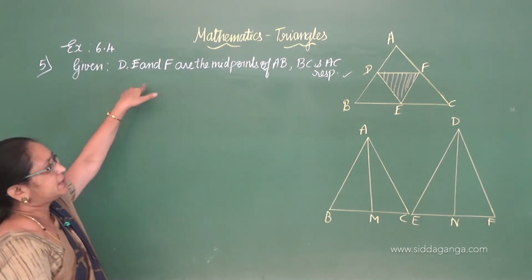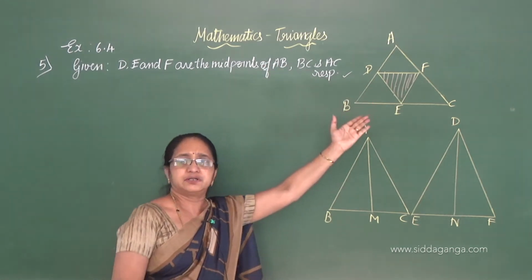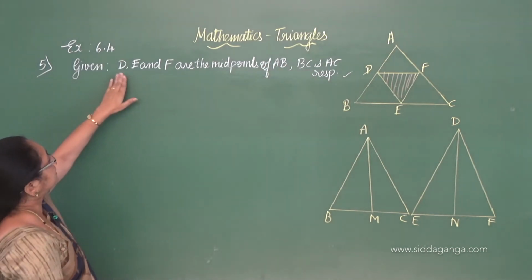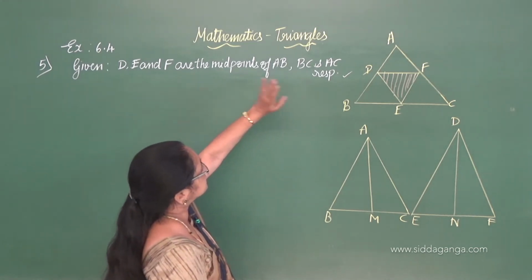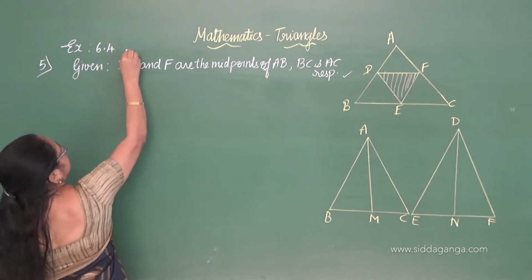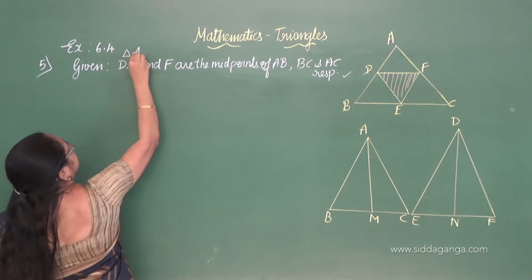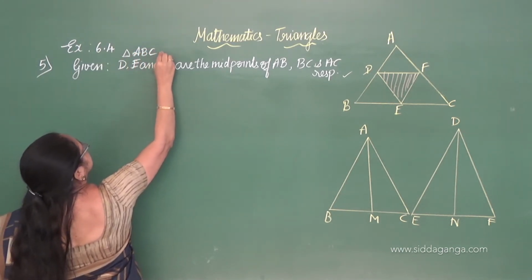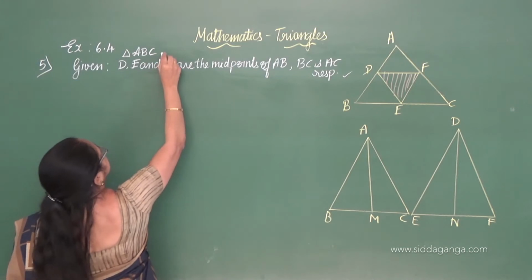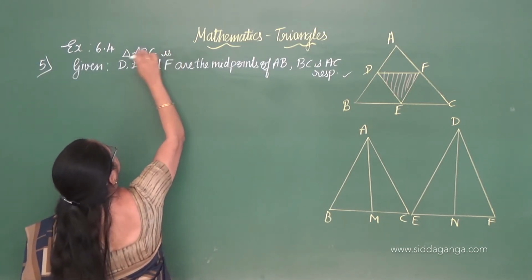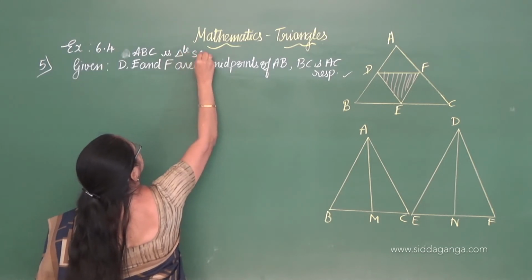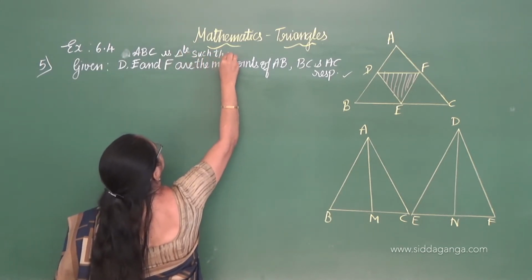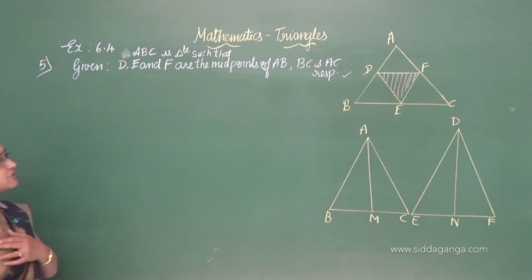You can write: given triangle ABC is a triangle such that D, E, F are the midpoints of AB, BC, AC respectively.